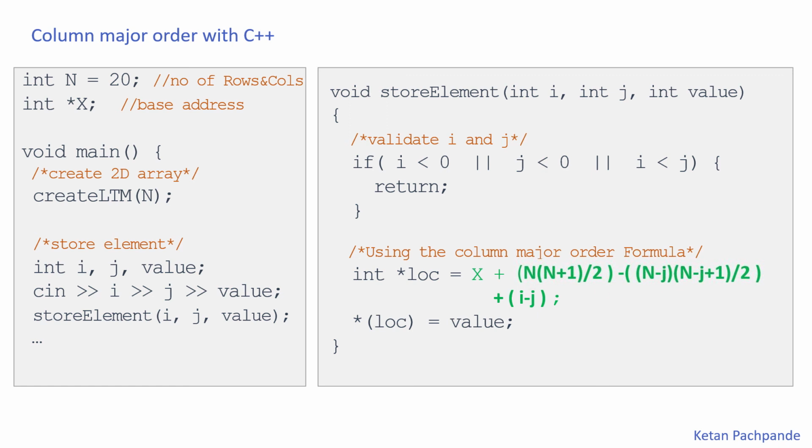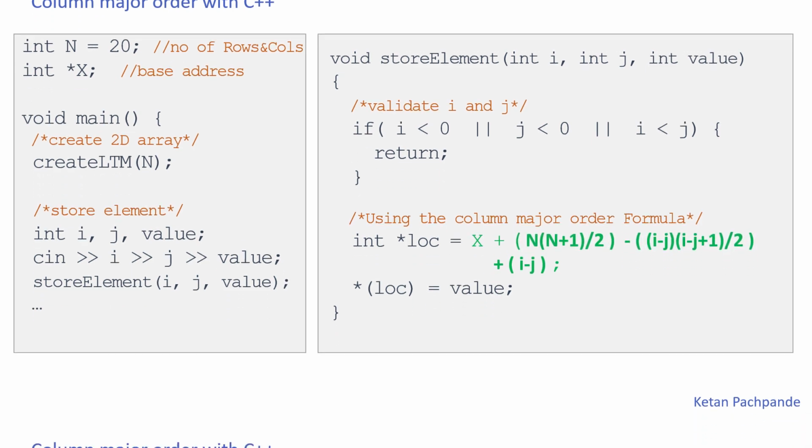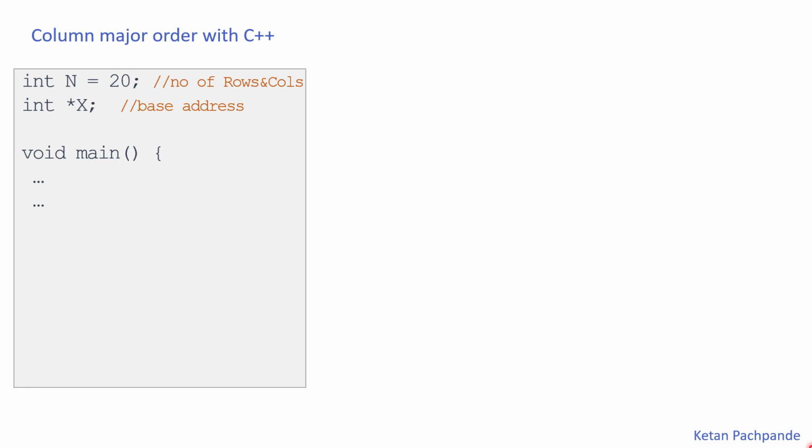Now here the formula is whatever we have derived, total number of elements plus just add the base address. And that gives me the actual memory location of the element, and at that location store the value. And now what about retrieval?